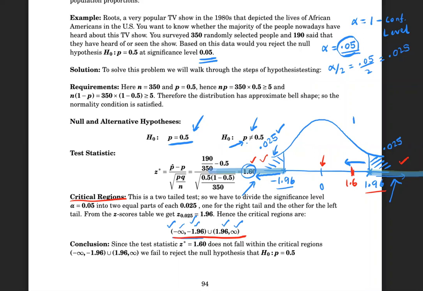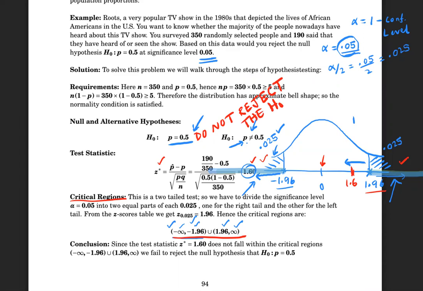Whenever your test statistic does not fall in the critical region, you do not reject the null hypothesis H0.